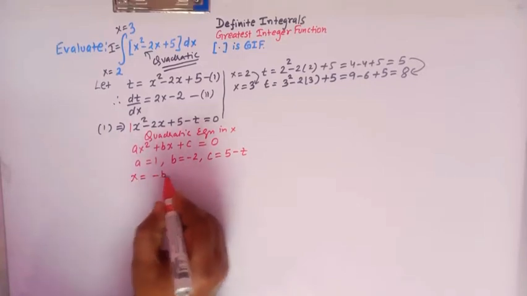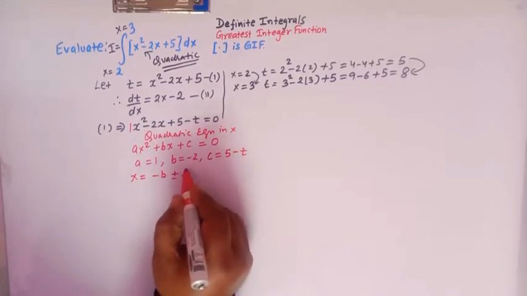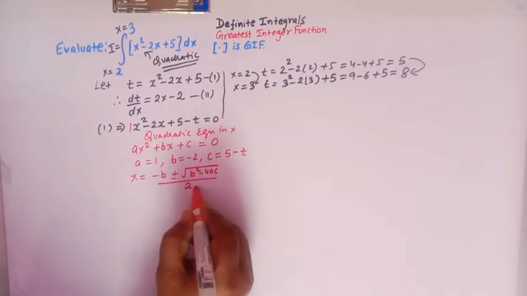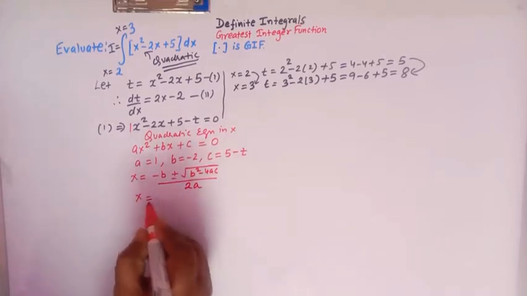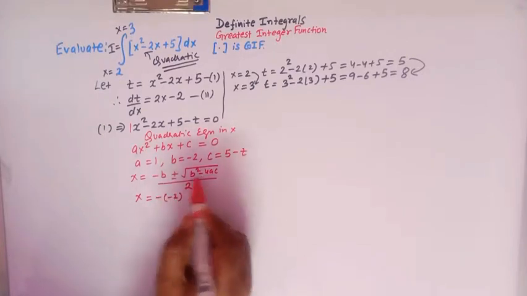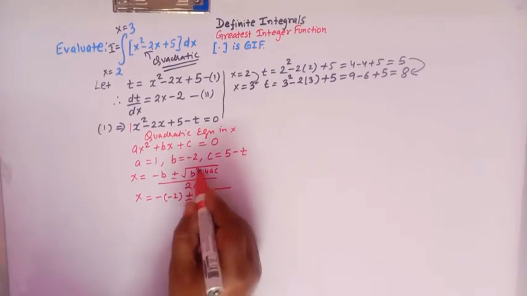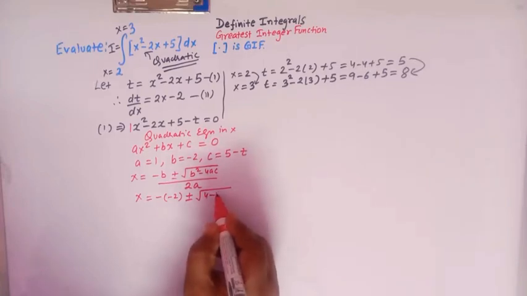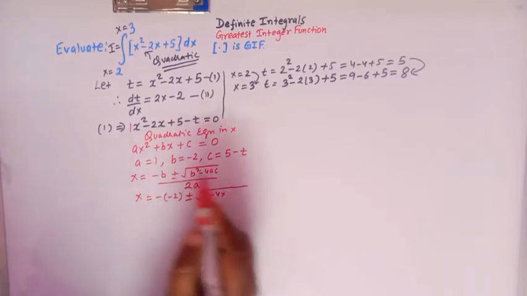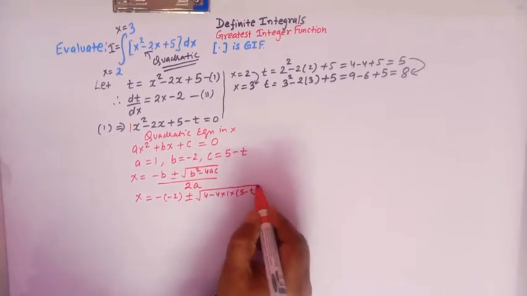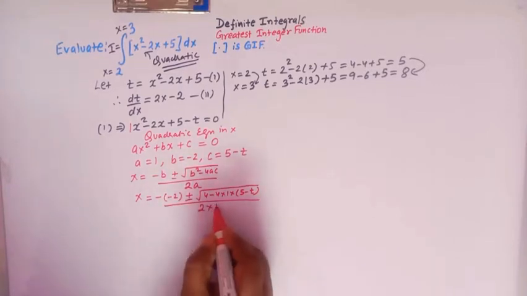Now we'll solve this quadratic equation with the help of the quadratic formula, and the quadratic formula is x is equal to minus b plus minus square root of b square minus 4ac over 2a. Substituting the values of a, b and c, we have b square, that is minus 2 square is 4, minus 4 times a is 1, and c is 5 minus t, over 2 times 1.